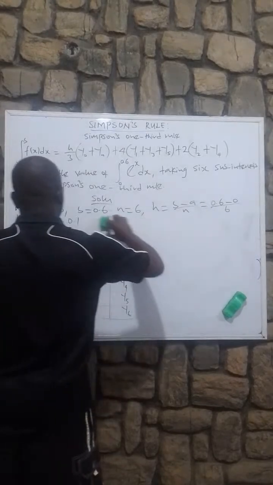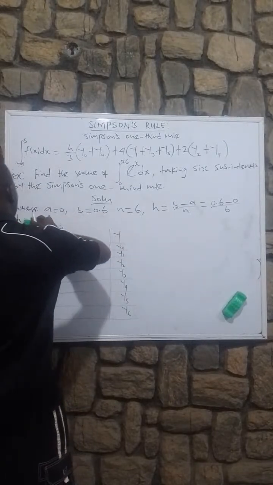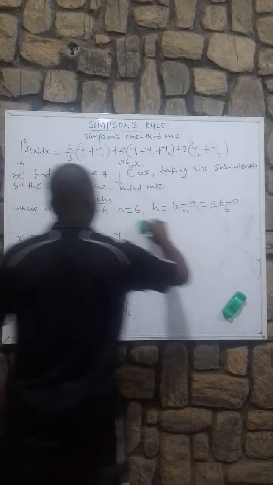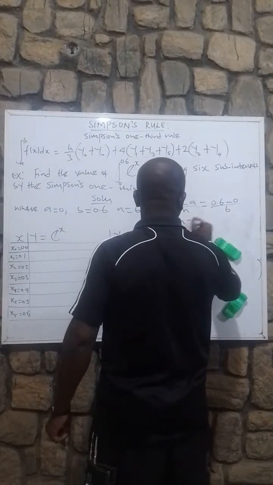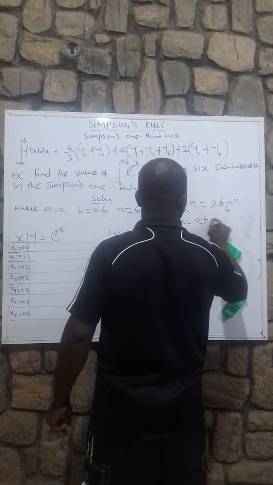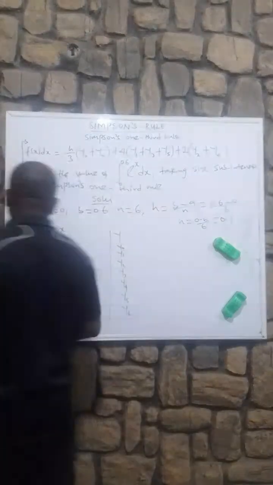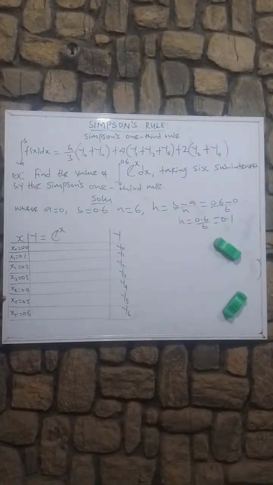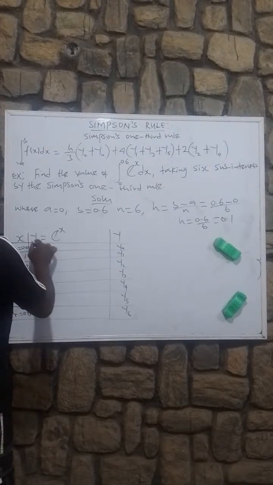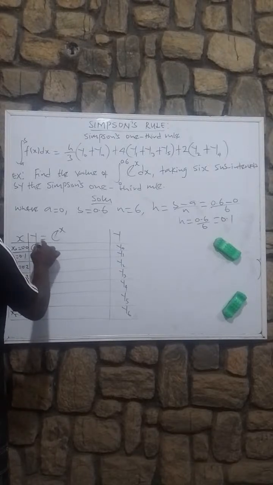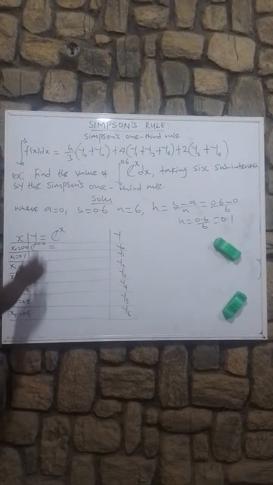Let me clean here so that you can see it clearly. Then write our h equals 0.6 all over 6, which is 0.1. So press your calculator: exponential 0.0, because your x0 is 0.0.